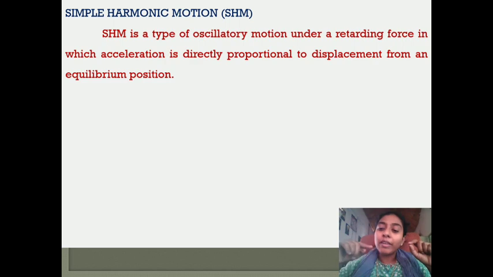When you are applying a force, you will have the maximum oscillation, and after that your oscillation will be reduced. So you call it a retarding force, in which acceleration is directly proportional to displacement from an equilibrium position. So acceleration is directly proportional to displacement. This equilibrium position is also known as mean position. So we have mean position and extreme position.